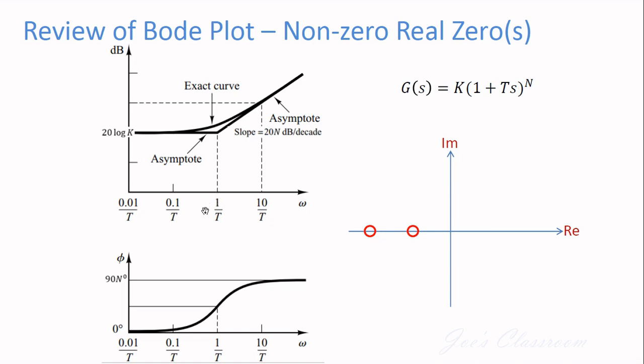And even here, at the corner frequency, we will see a change in the slope. And as far as the phase plot is concerned, it starts from 0 degree and reaches 90 n degrees as the frequency increases from 0 to infinity.